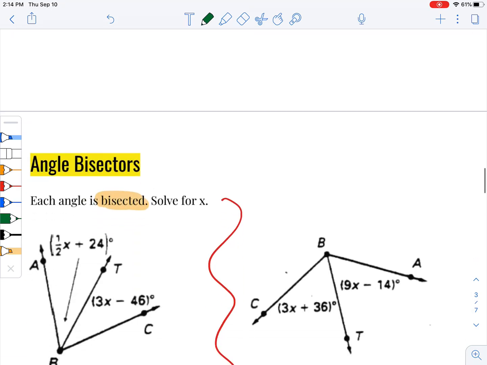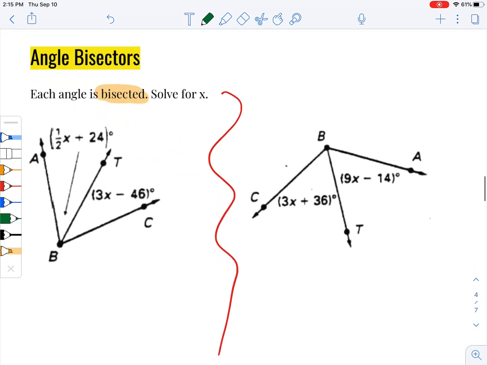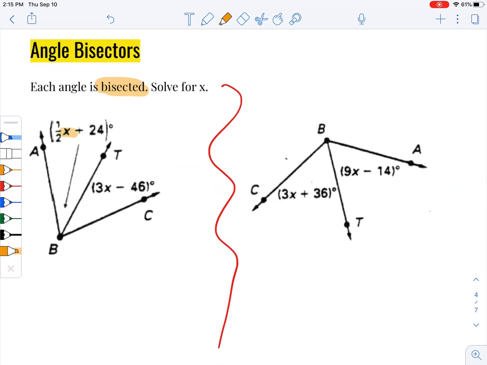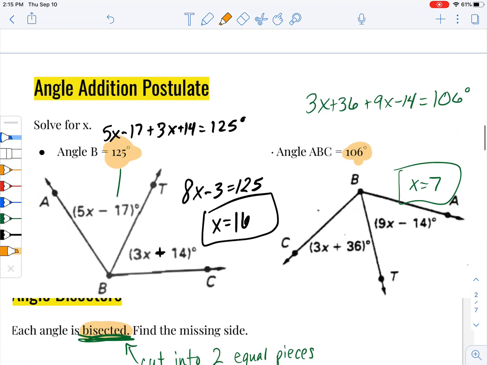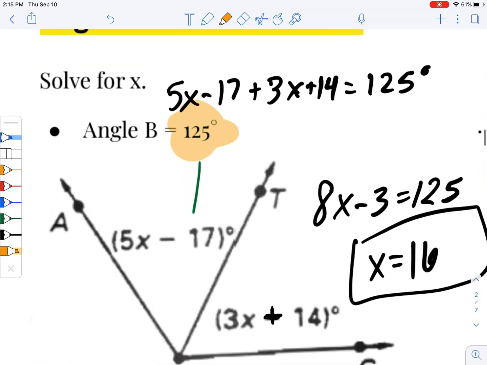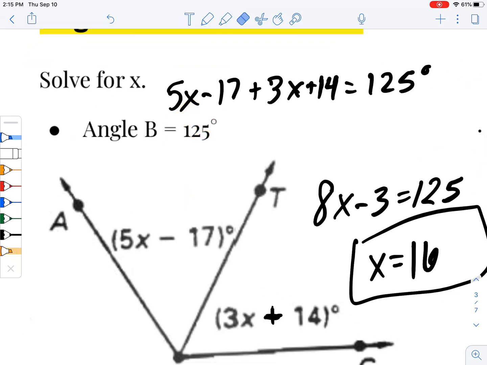So I'm going to pause here in just a minute. We're seeing more problems where I'm given these expressions. And earlier we looked for a big number up top. We said, did they tell me that whole angle measure?